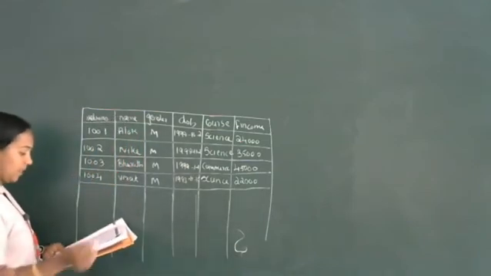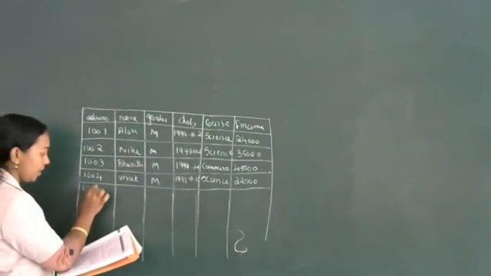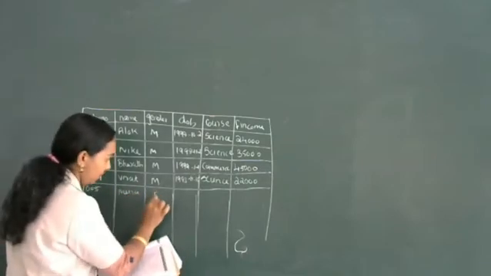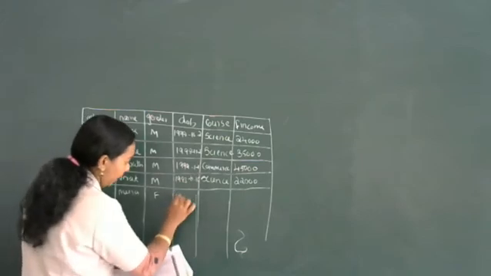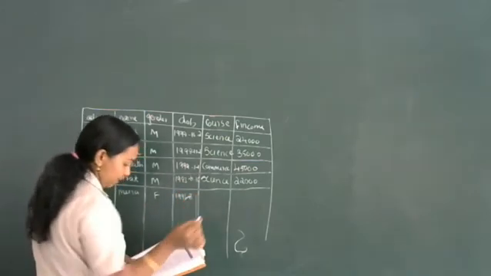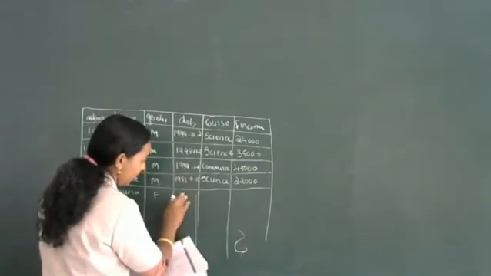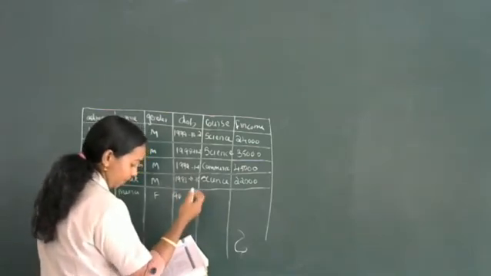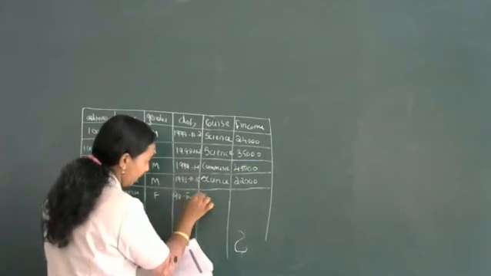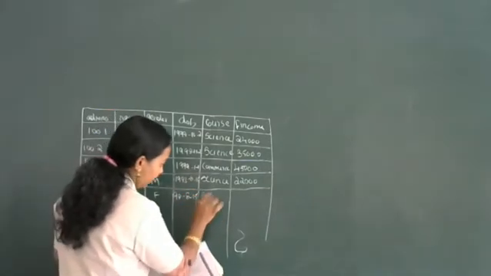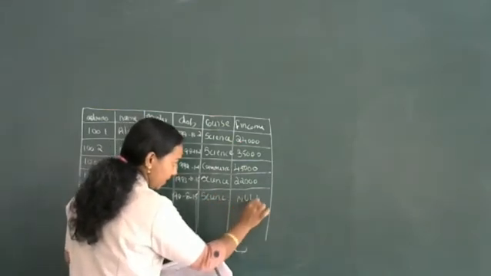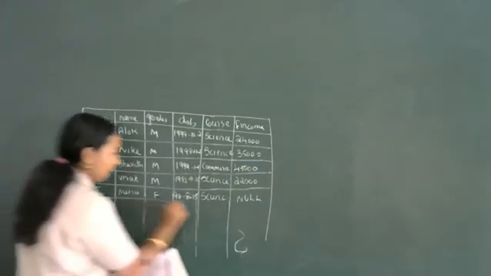Then 1005, Meera, female, 1998, science. Family income is not given, that's why it is null value.